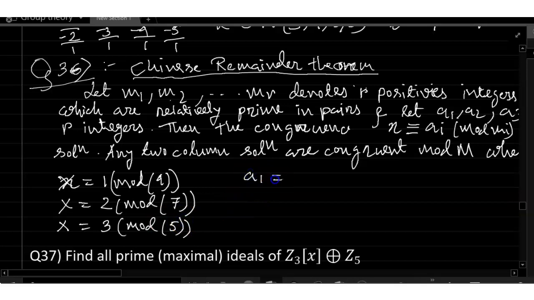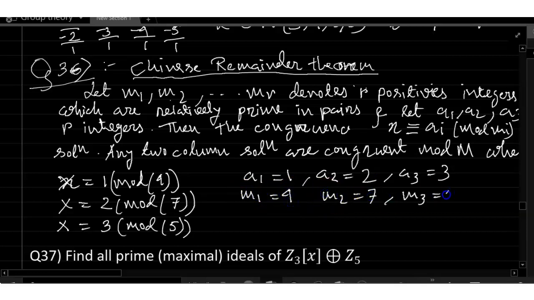So a1 equals 1, a2 equals 2, a3 equals 3, m1 equals 4, m2 equals 7, m3 equals 5.